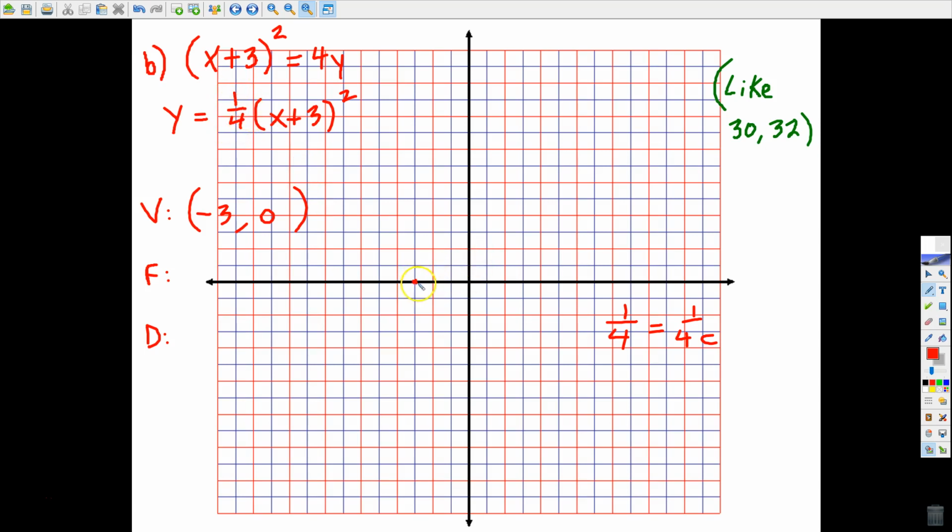So from the vertex, I'm going to travel c places upward, and that puts me where? So the focus is the point -3, 1. What's the directrix? y equals -1.